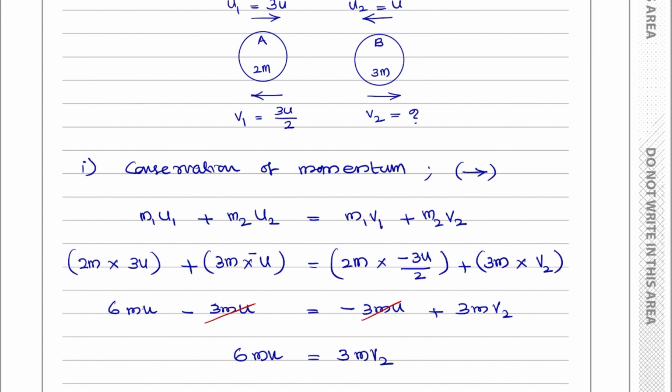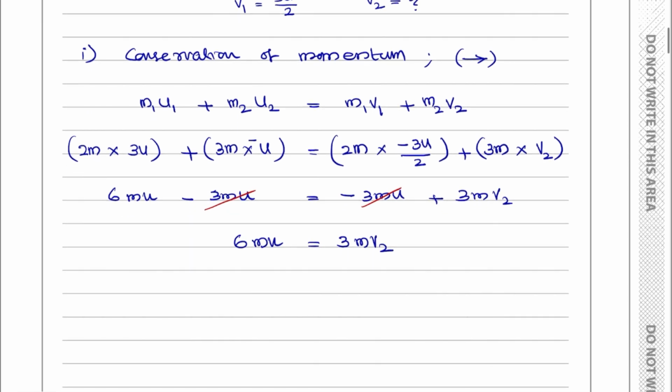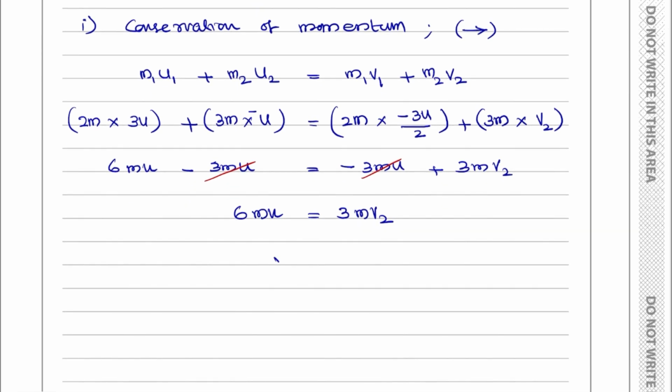So we can take v2 from here. v2 is equal to, we can cross out this m and this m, then v2 is equal to 6 by 3 u, that is equal to 2u. So v2 is equal to 2u.